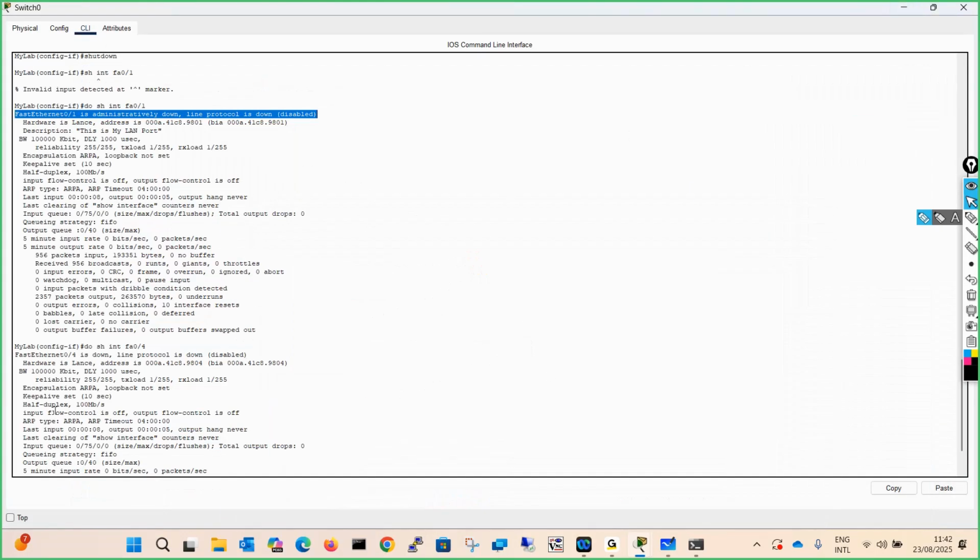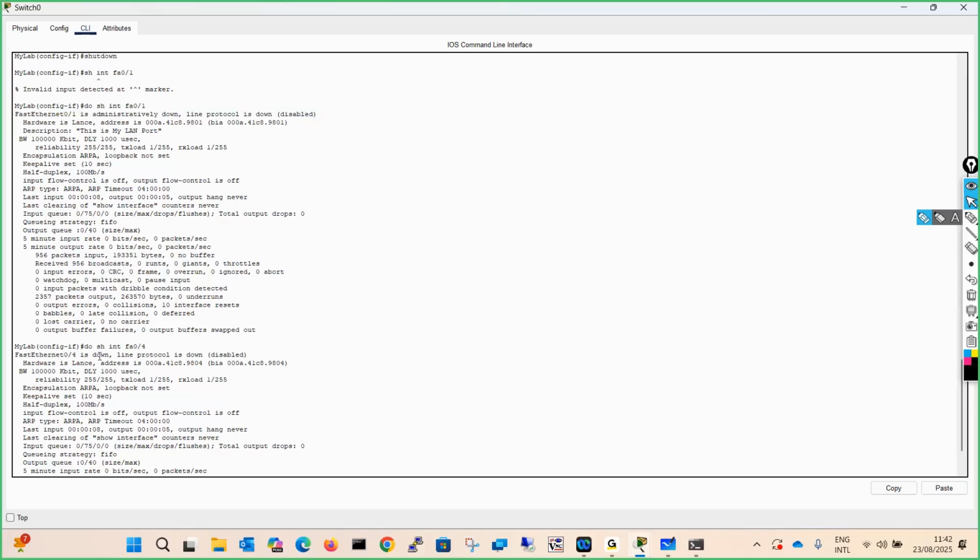Have you connected 0/4? No. So it is saying FA 0/4 is down. But over here it is saying administratively down. What is the difference? You went to FA 0/1 and you gave the shutdown command. You, being an administrator, made the port shut down. That's why it is saying administratively down.